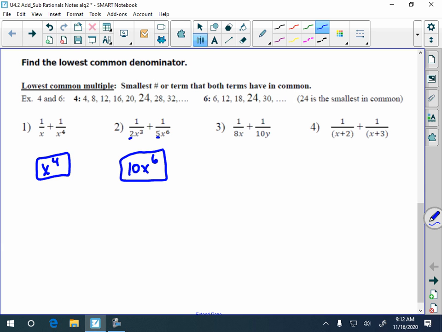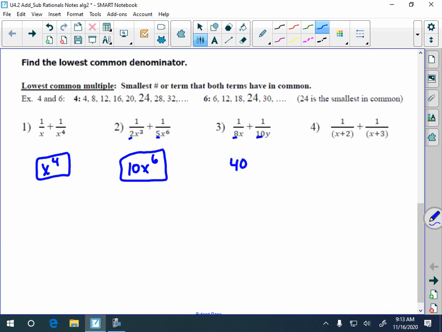All right, number 3, 8x and 10y, those are monomial terms. We look at the coefficients first, 8 and 10. You have to find the smallest number that they both go into. You list out all the multiples of 8 and then all the multiples of 10, and hopefully you see it's going to be 40. 8 goes into 40 and 10 goes into 40, and that's the smallest one they have in common. Now we look at the variables.